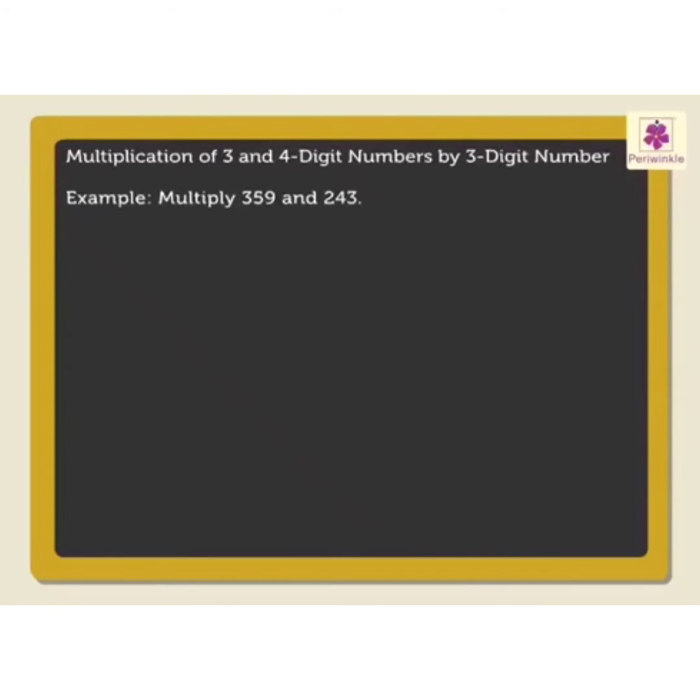Let us begin with the multiplication of 359 and 243. We can divide the whole process into 4 steps. Step 1. Multiply 359 by the ones digit of the multiplier, that is 3.